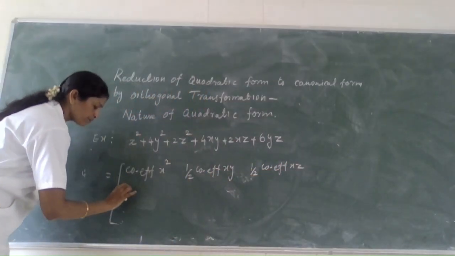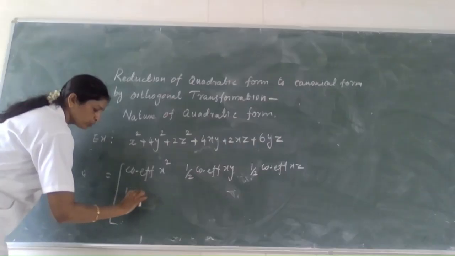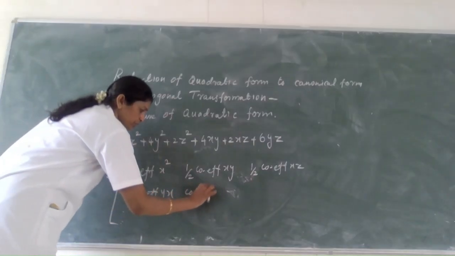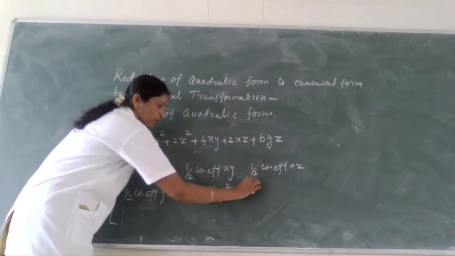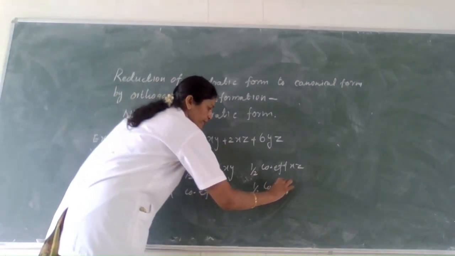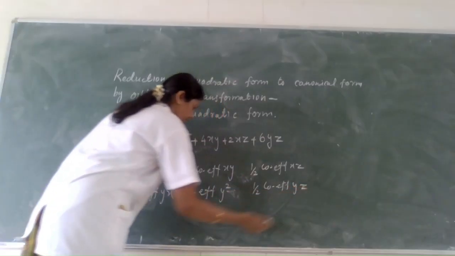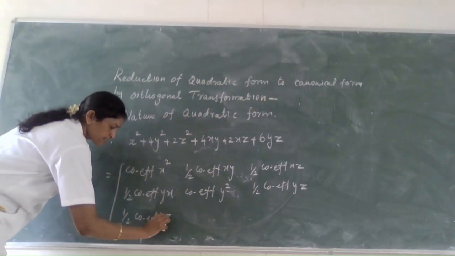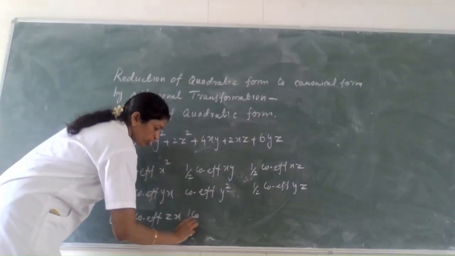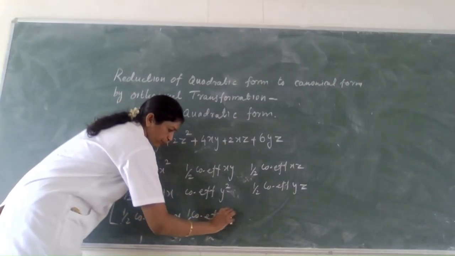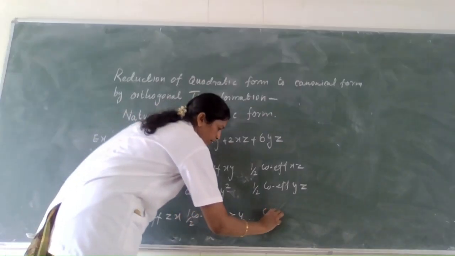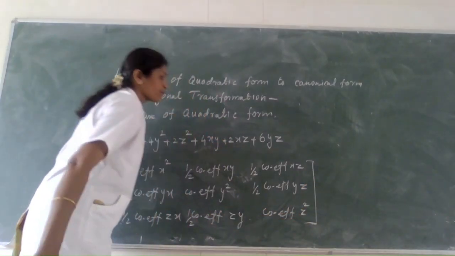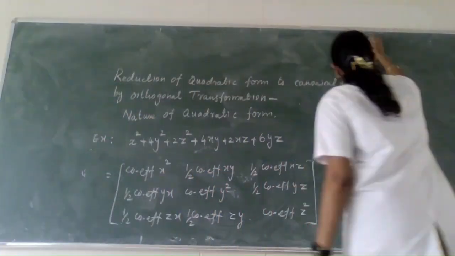And in a similar way we write 1 by 2 into coefficient of yx, coefficient of y square, 1 by 2 into coefficient of yz, and 1 by 2 into coefficient of zx, 1 by 2 into coefficient of zy and coefficient of z square. So using this we form a matrix.